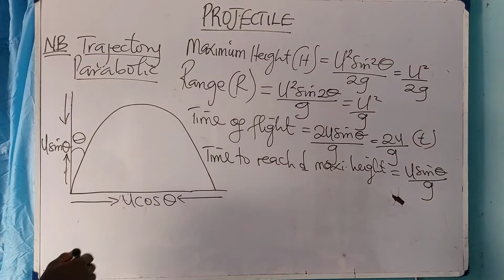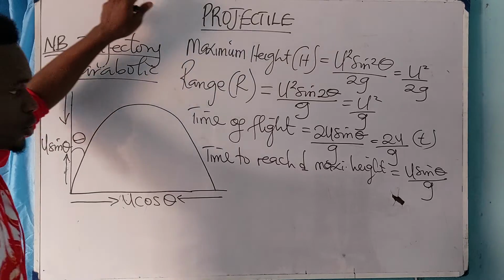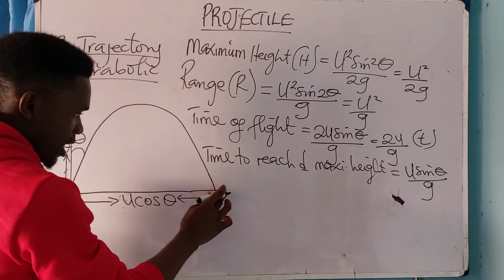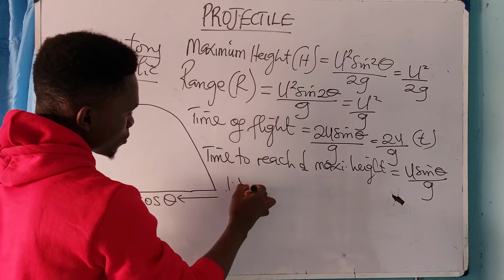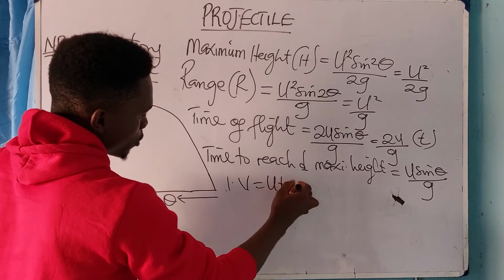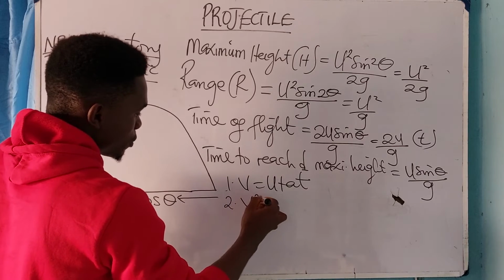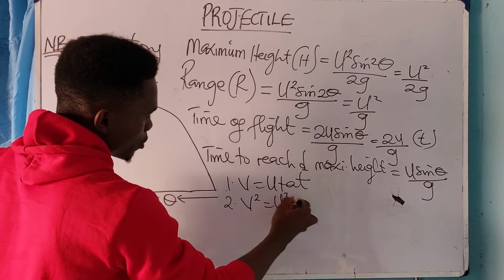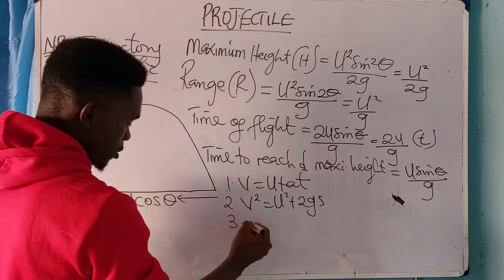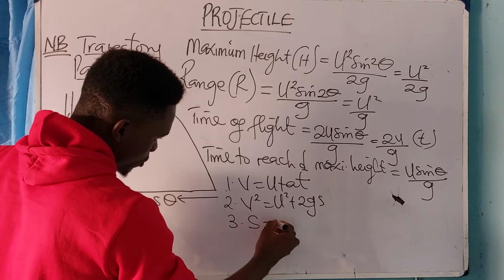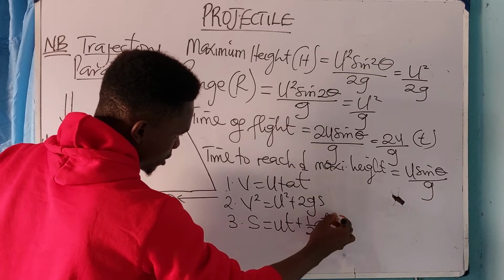These are the terms associated with projectile motion. You have other formulas that are going to be very important as we start solving questions. One, v equals u plus at. Two, v squared equals u squared plus 2gs. Three, s equals ut plus half at squared.